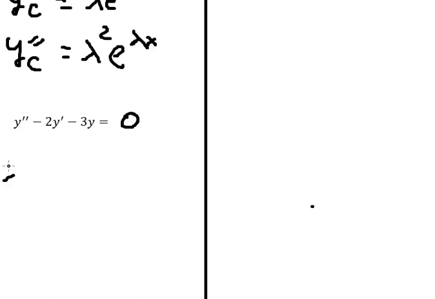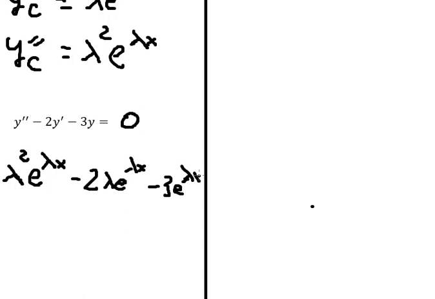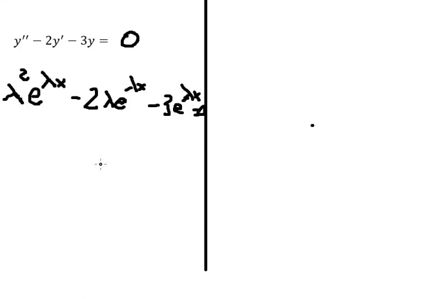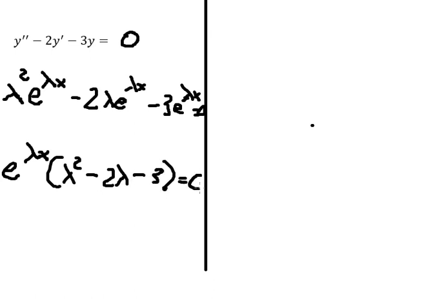So we have lambda square e to the power of lambda s minus 2 lambda e to the power of lambda s minus 3 e to the power of lambda s equals 0. So we have e to the power of lambda s, we can do factorization, and we have lambda square minus 2 lambda minus 3 equals 0.